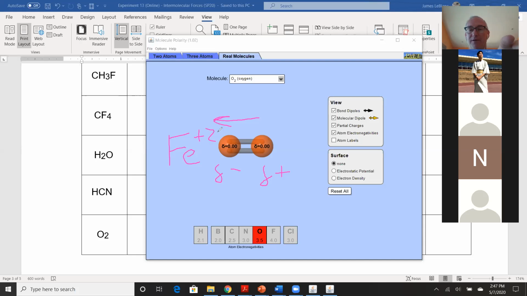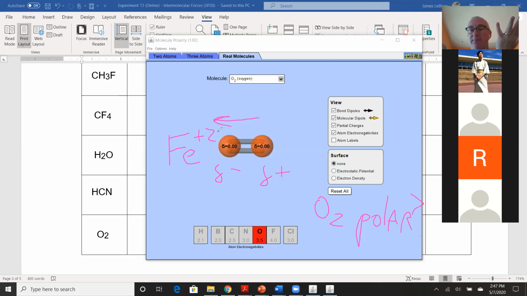Right, so no bond dipoles, no molecular dipoles, no partial charges. So is this a polar molecule? Is O2 polar? No. O2 is nonpolar.